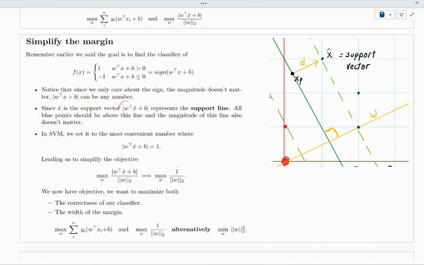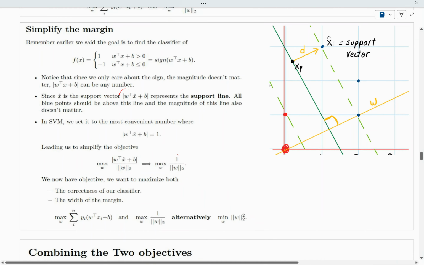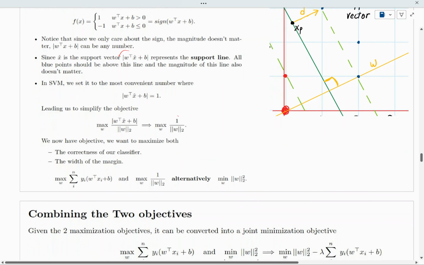Okay. All right. So now we have a simplified version that we want to solve. First we have maximization of the correctness, and then we have maximization of the margins, which I showed you. When you're trying to maximize the margins, it's equivalent to minimizing 1 over the margin.